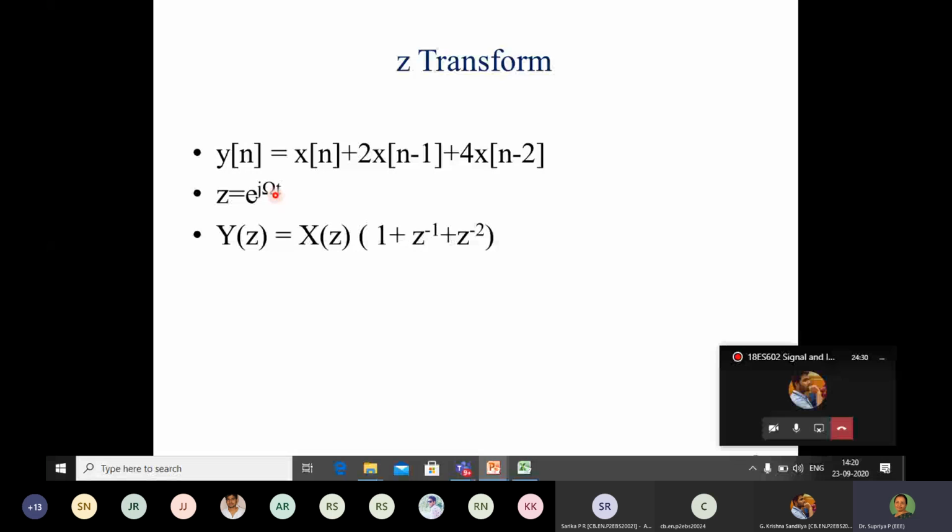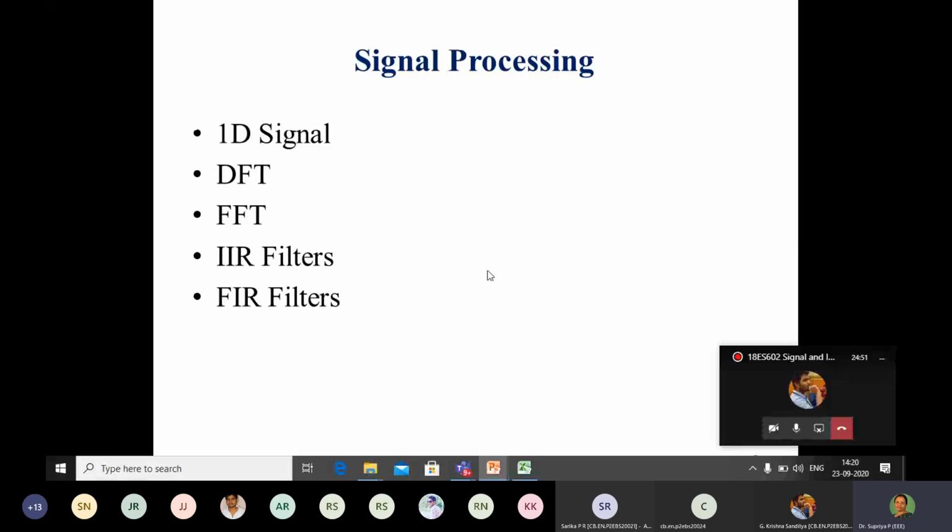Again, those concepts maybe you don't recall, and I am just introducing them; they could be used for substituting z. Why this was introduced is that Y of z, if you take the z transform, could be given as X of z into 1 plus z minus 1 plus z minus 2. This is what is the basics of the Fourier transform and the Z transform.